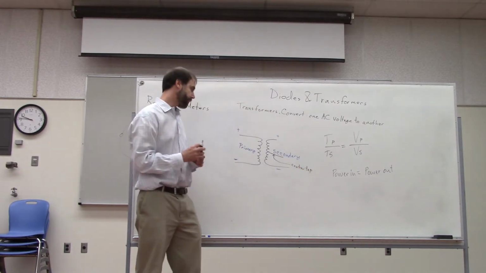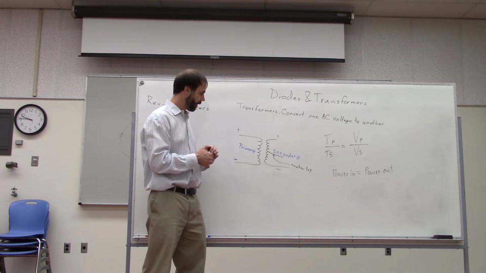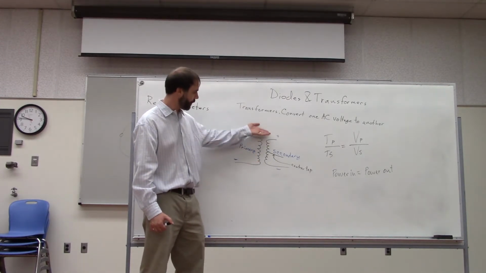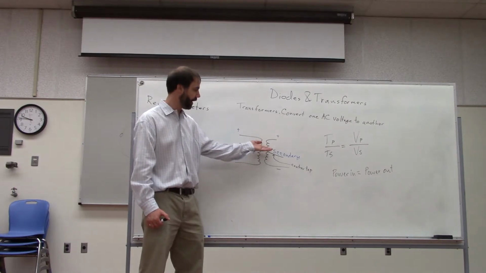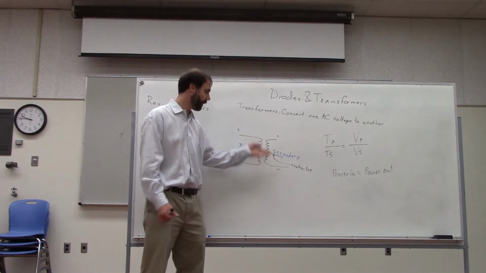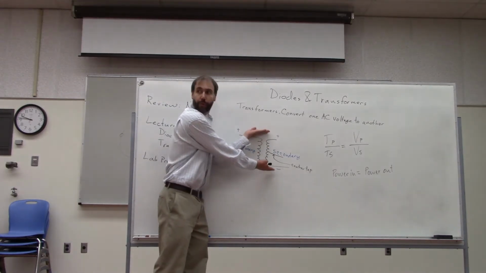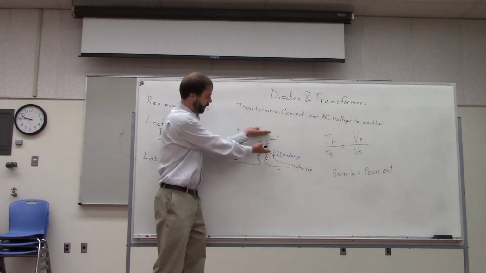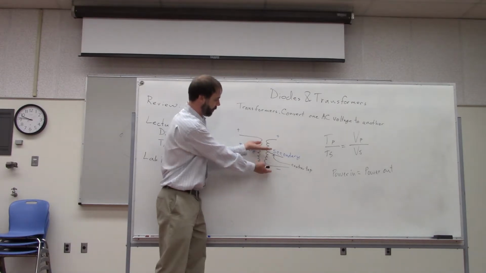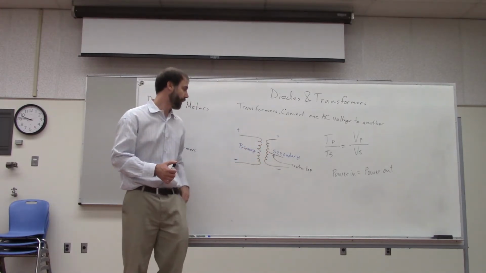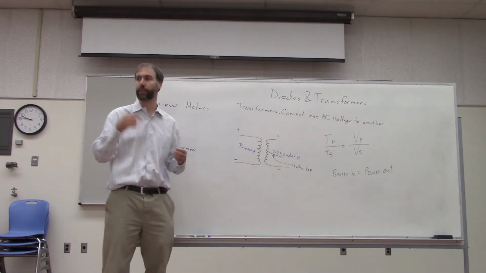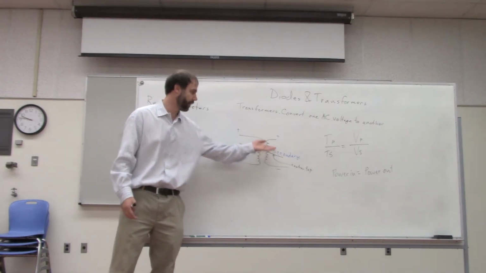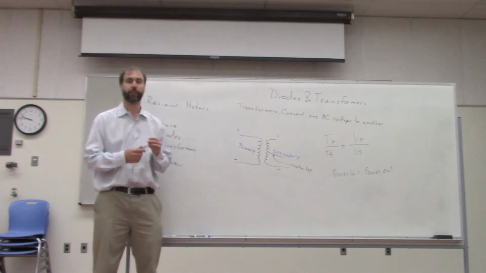The way that it works is that you get half the voltage from the top of the coil to the center tap, and then the other half from the center tap to the bottom. So if you're getting 240 volts altogether, then you would get 120 from the top to the center tap, and then 120 from the center tap to the bottom. So that's what's going on inside those transformers. You have a center tap, and you're splitting the voltage that way.